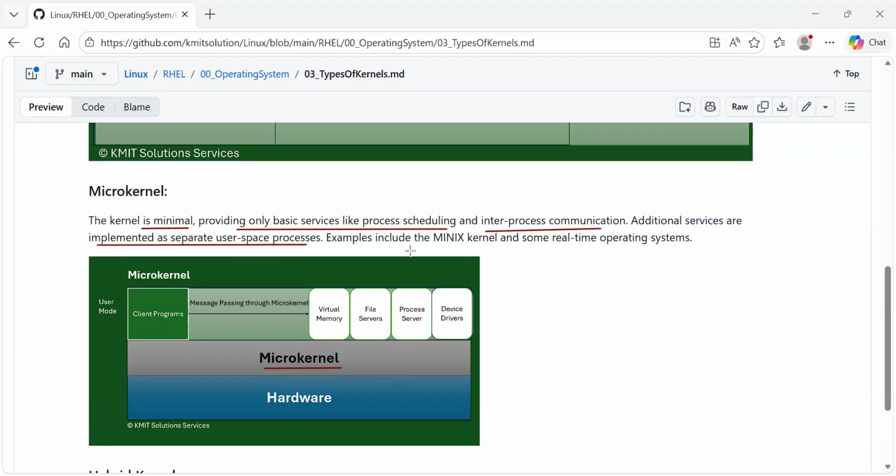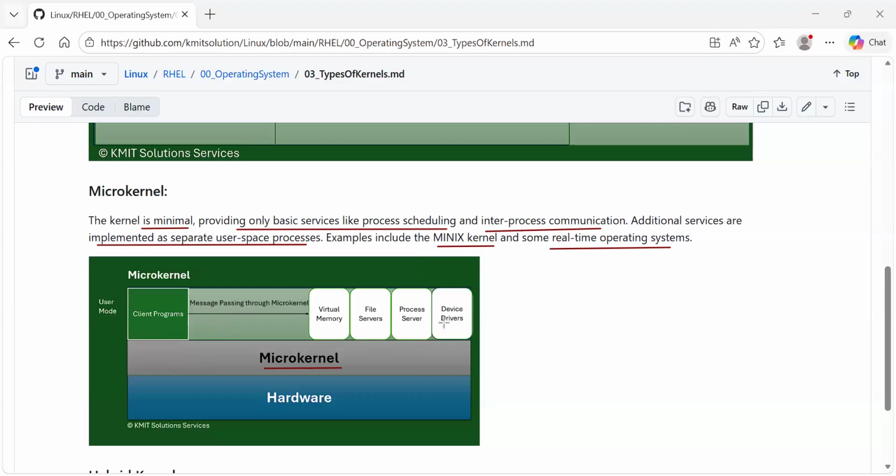An example of that is Minix, which is an educational version of Unix. Okay. And some real-time operating systems. So that is basically the microkernel. Here you can see client programs, which are commands or shell scripts. They are having certain wrappers. Here we are having virtual memory related stuff, file server related stuff.